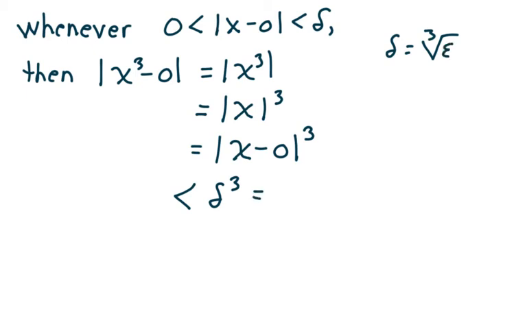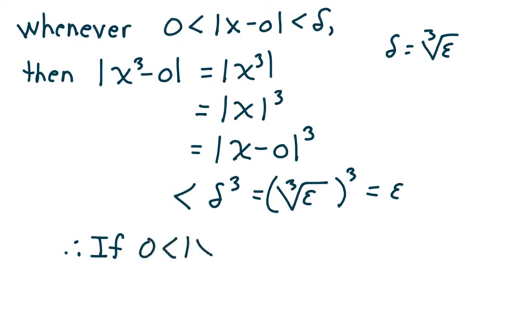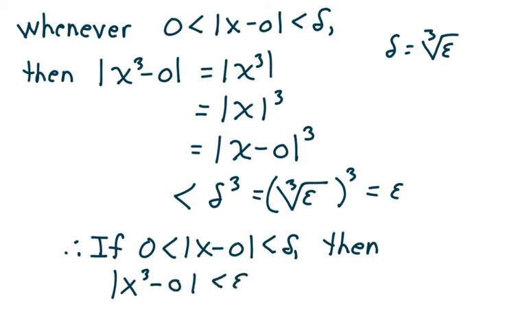So this is equal to the cube root of epsilon to the third, which is equal to epsilon. And so therefore, if 0 is less than x minus 0 is less than delta, then the absolute value of x cubed minus 0 is less than epsilon.